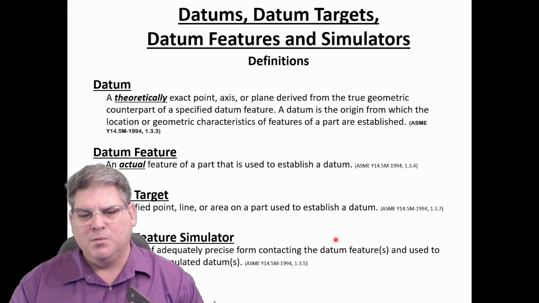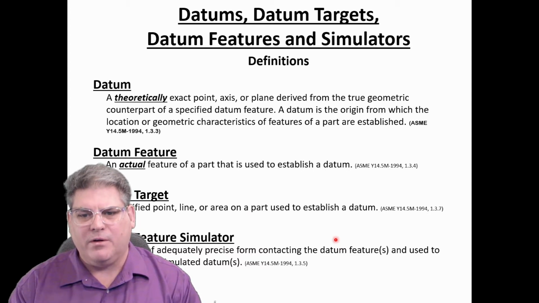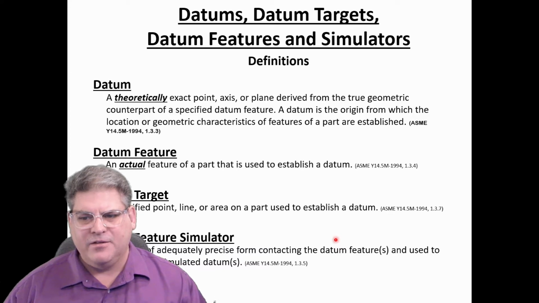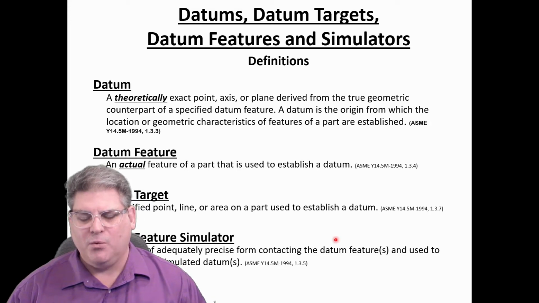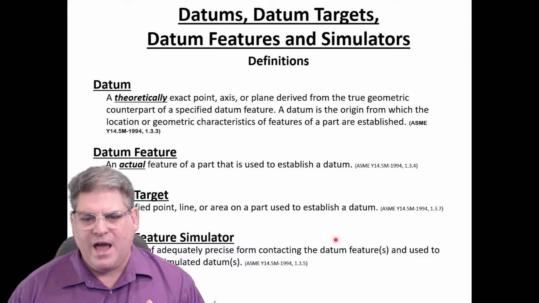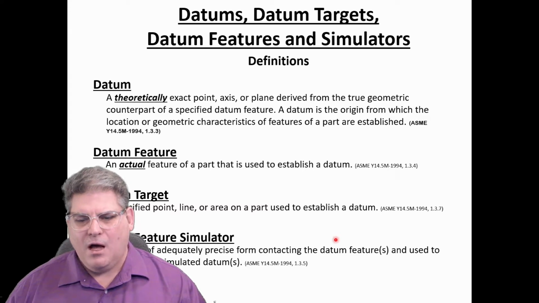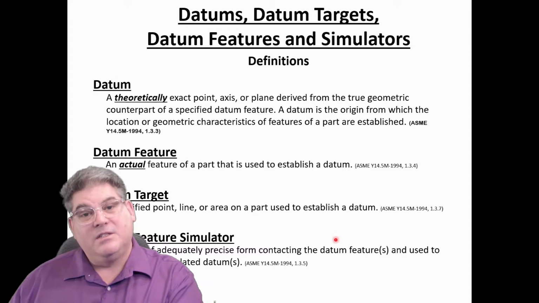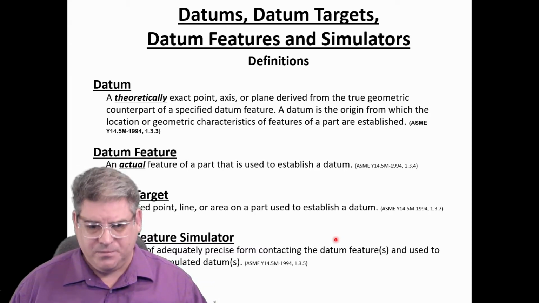And it assumes that they are perfect. Okay, and that is somewhat problematic because seldom are these surfaces perfect. So we need to think that through a little bit. Whereas a datum feature is the actual feature of the part established as a datum. So that means that these weren't necessarily just datums, but they were indeed datum features.